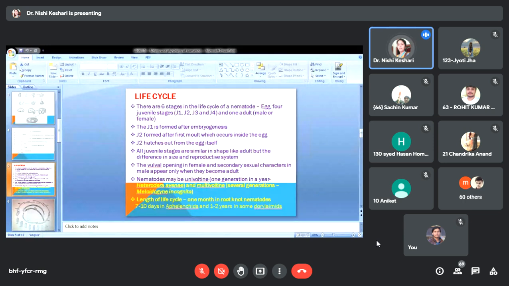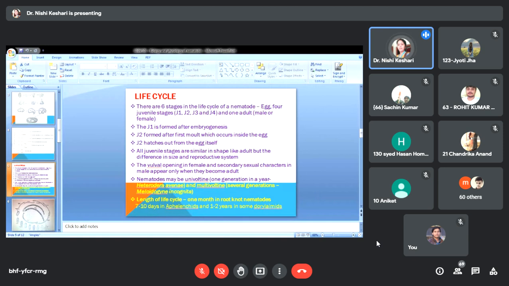Then 7 to 10 days in Aphelenchids. Most of the Aphelenchida group are fungal parasites, like Aphelenchus, Aphelenchoides. In the last class, I told you that some species of Aphelenchoides may be fungal feeders and some are plant parasites.